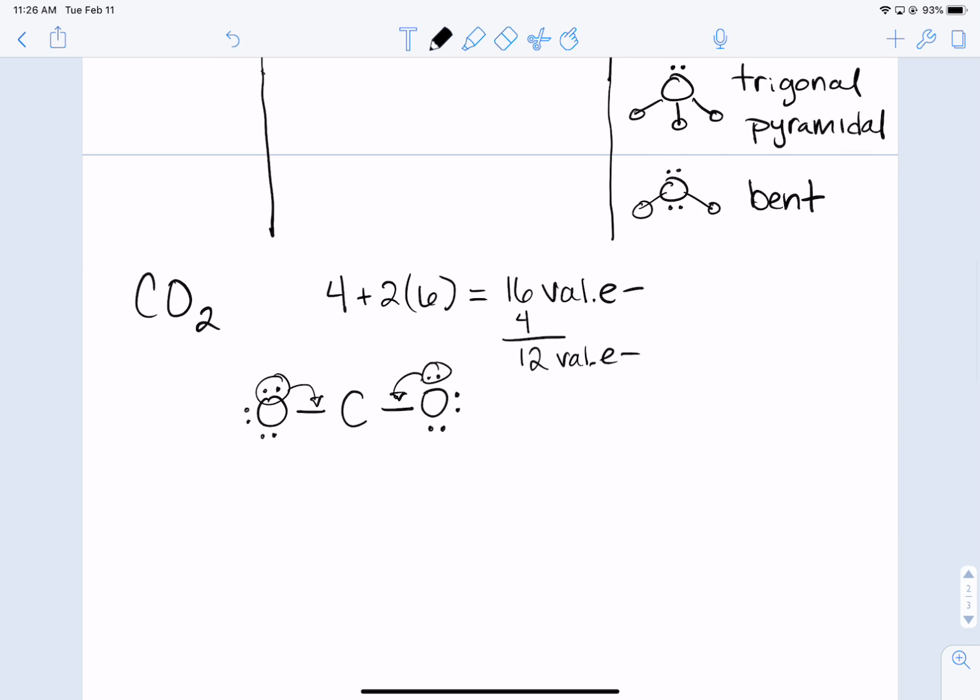So the actual structure is this. So if I look at that central atom, how many electron clouds are coming off of it? I've got 2 electron clouds, even though it's a double bond.